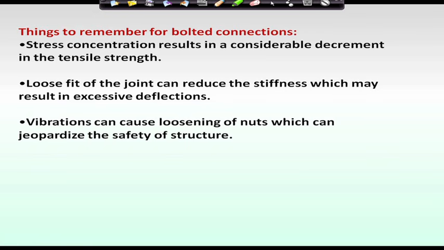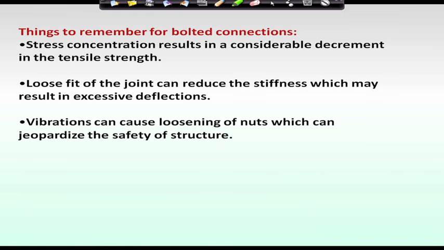Now, we have to remember certain things for an efficient connection using bolts. One is that stress concentration results in a considerable decrement in the tensile strength, so we have to try to avoid stress concentration. Then loose fit of the joint can reduce the stiffness, which may result in excessive deflection.